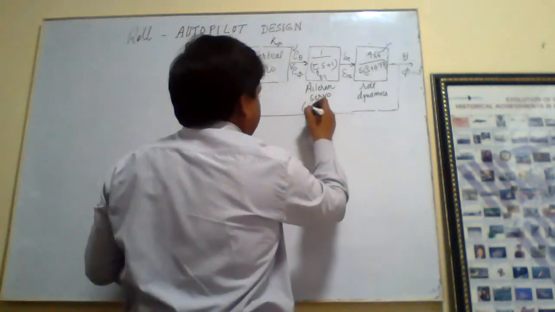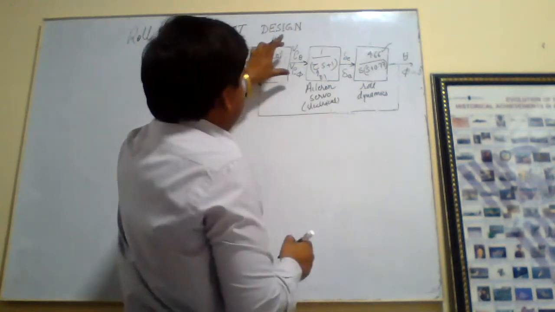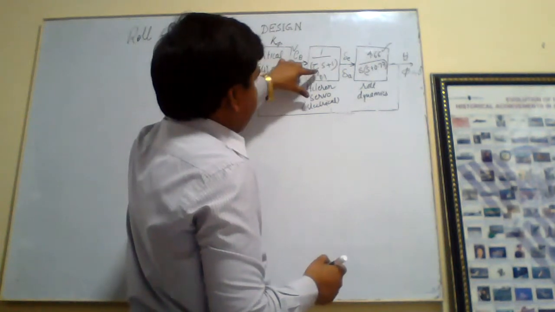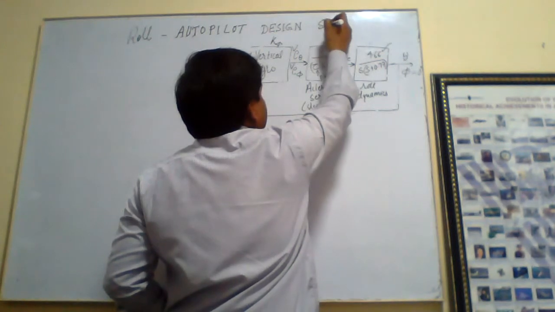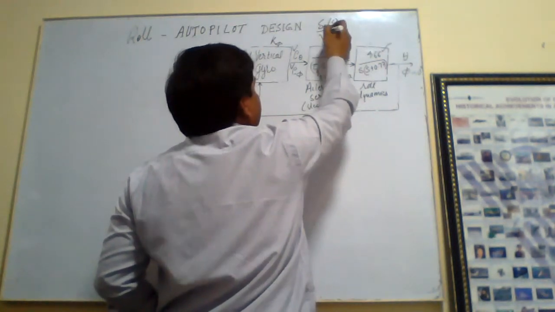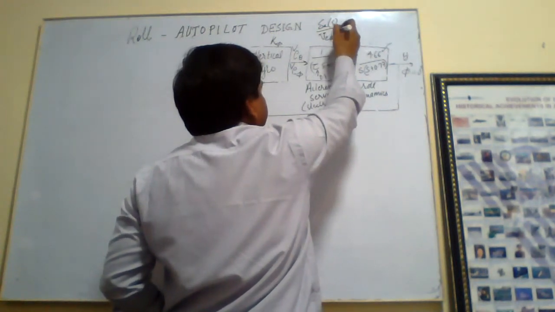If it is electrical servo, so corresponding to error, there will be voltage generated. So that voltage will be input, and then delta is output. So you have transfer function of this in terms of voltage corresponding to phi.